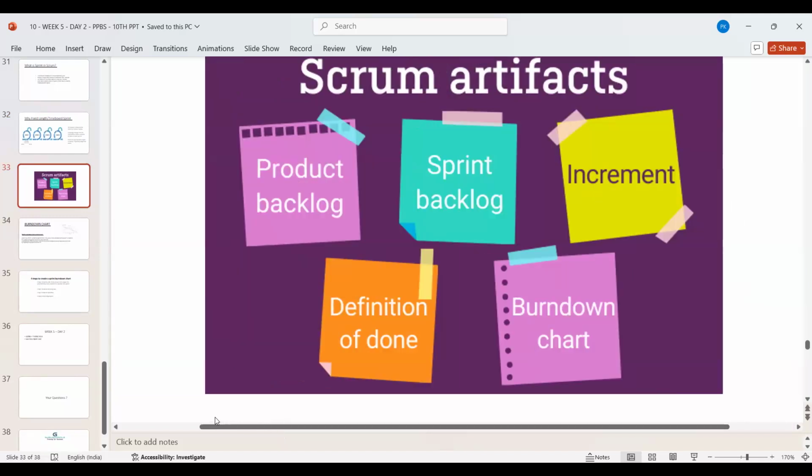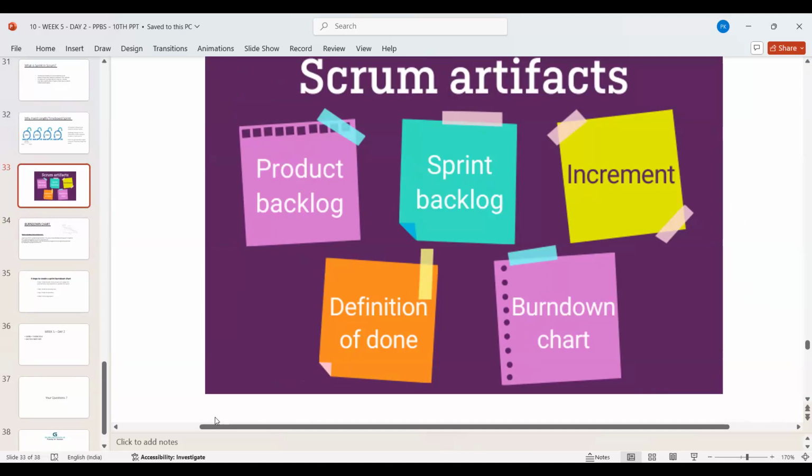Okay. So these are some of the Scrum artifacts, or I would say the result of your sprint. Can I request all five of you to read it one by one? Yes, sure, there are five people. Go ahead.